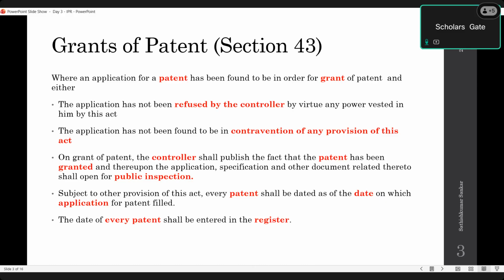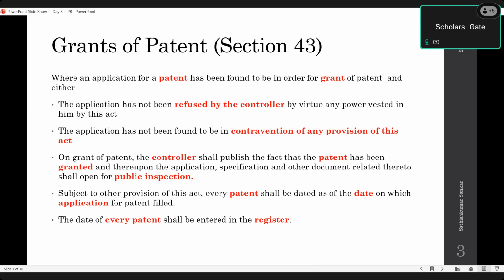Third thing. On grant of patent, the controller shall publish the fact that the patent has been granted, and thereupon the application, specification and other documents related thereto shall be open for public inspection.